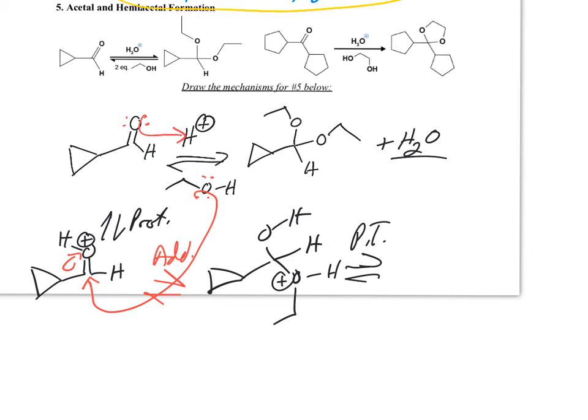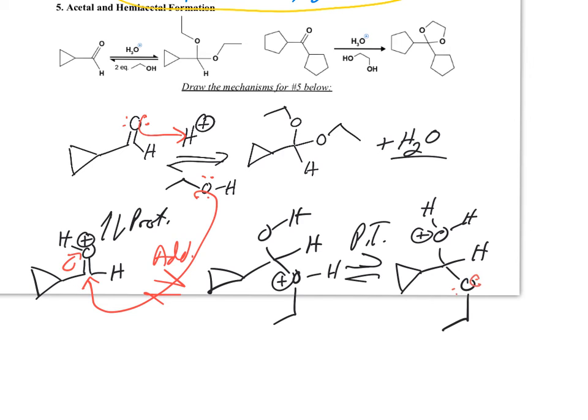We can move this hydrogen to this oxygen to make that a better leaving group, right? What's the point of all these proton transfers? The point of the proton transfers, more often than not, is to turn something into a better leaving group, right? That we know we need to lose. So that turns this into a better leaving group.